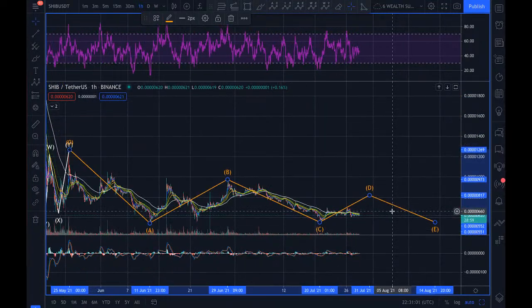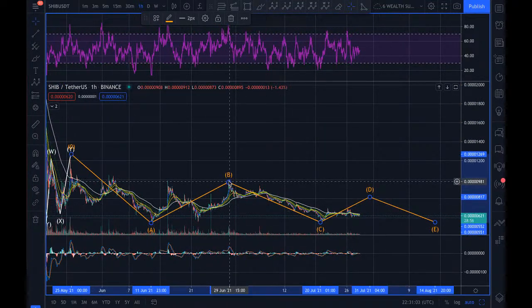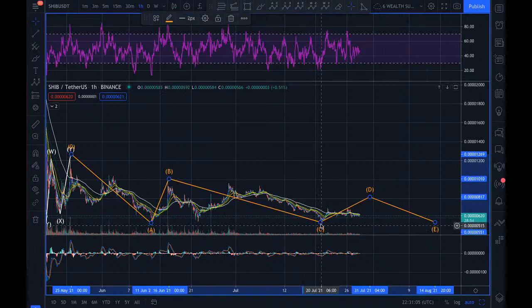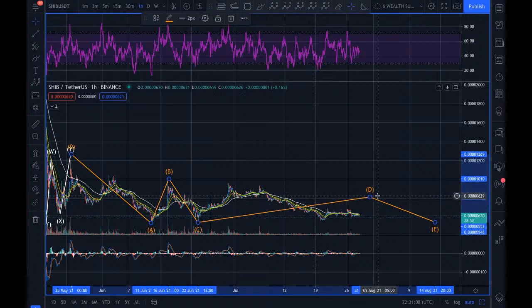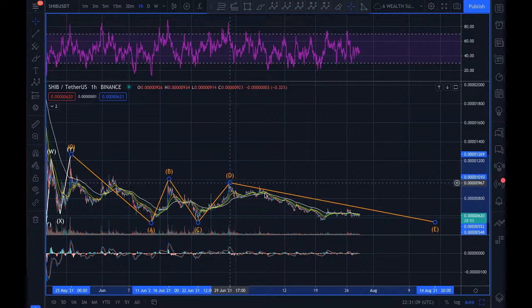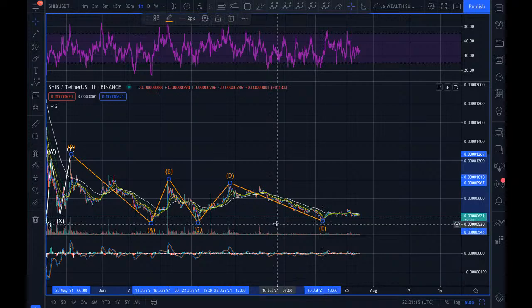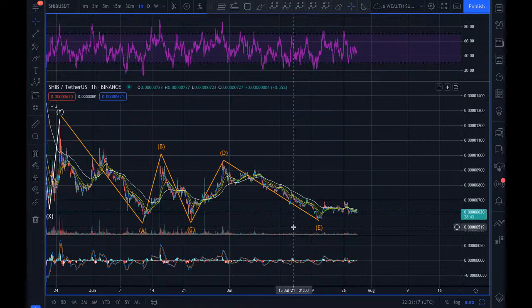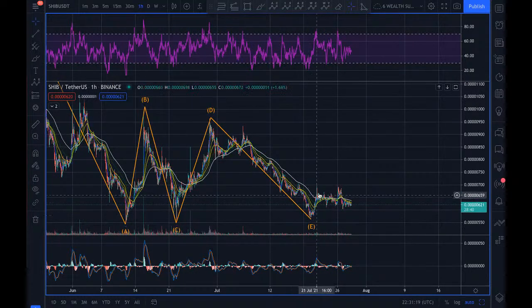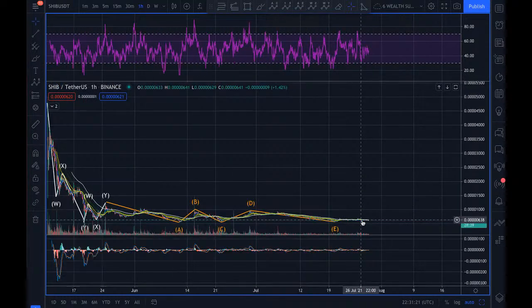It's all overlapping. That could have been the B. That could have been the C. That could have been the D. And that could have been E. And it could be done, but also it could be going into another correction.